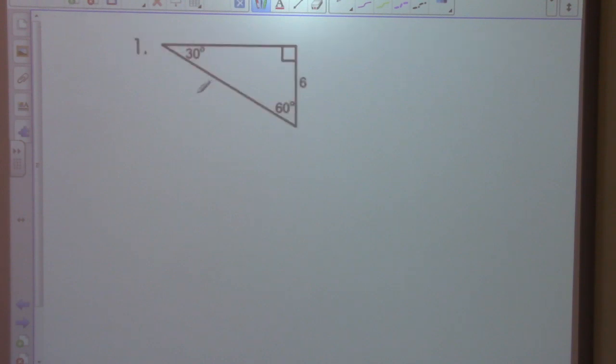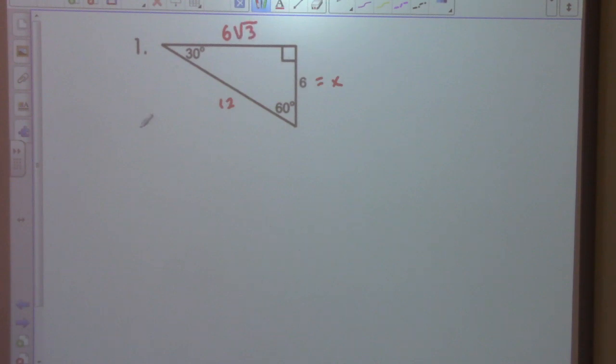So here we are. This is a special right triangle, and I know that the short side is going to be equal to x. And I know this is going to be 2x, or 12, right? And this side is going to be 6 times the square root of 3.